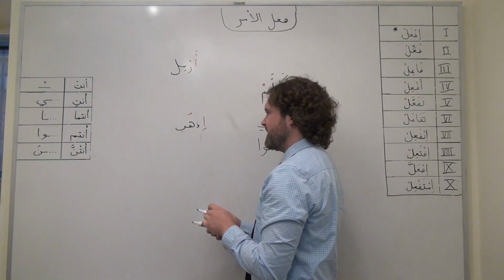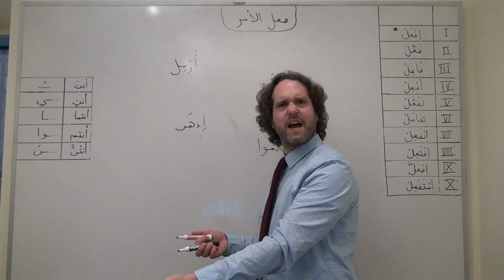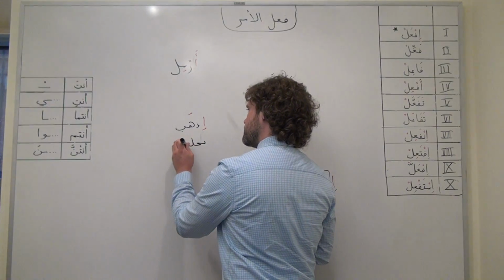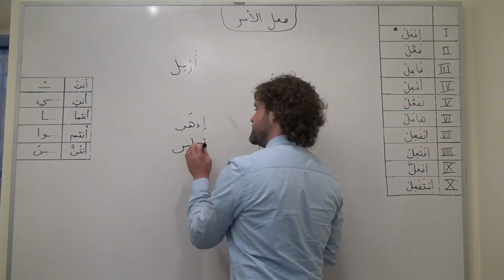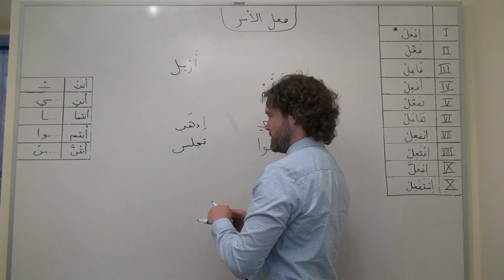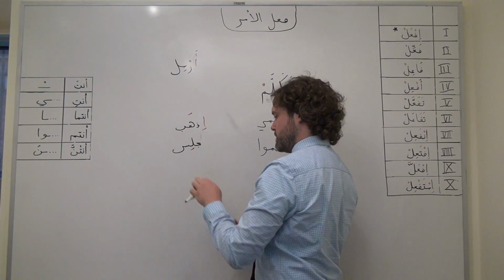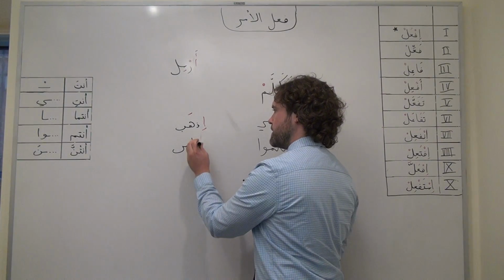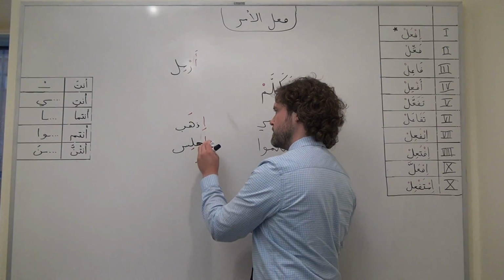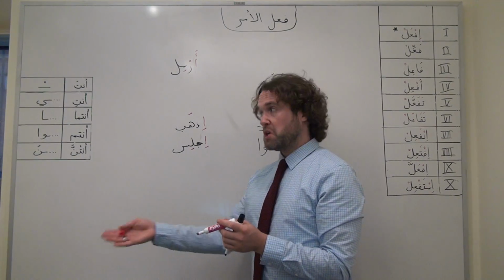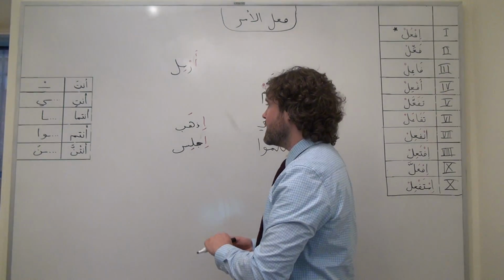I'm going to replicate that kasra. So if I want to say, sit down, tajlis, that verb for sitting has a kasra here. So I'm going to have a kasra at the beginning as well. Ijlis, or ijlisi, ijlisu, sit down, all of you.